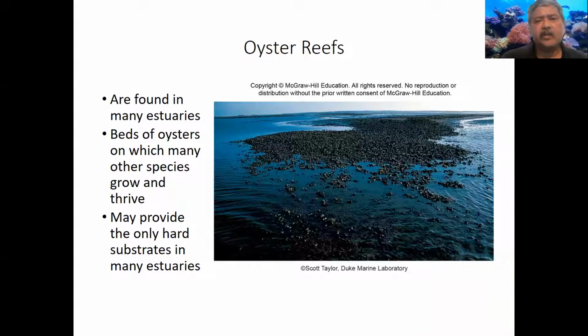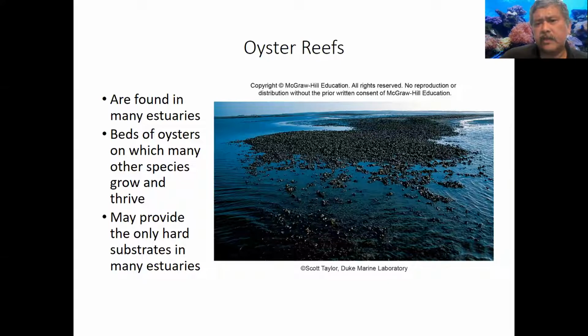And then finally, you have oyster reefs. Oyster reefs are found in many different estuaries as well. And these beds of oysters are like the coral in the coral reef, where other organisms start to live on the used shells of the oysters. Oysters are, as you probably know, univalves, a type of mollusk that has just one shell.